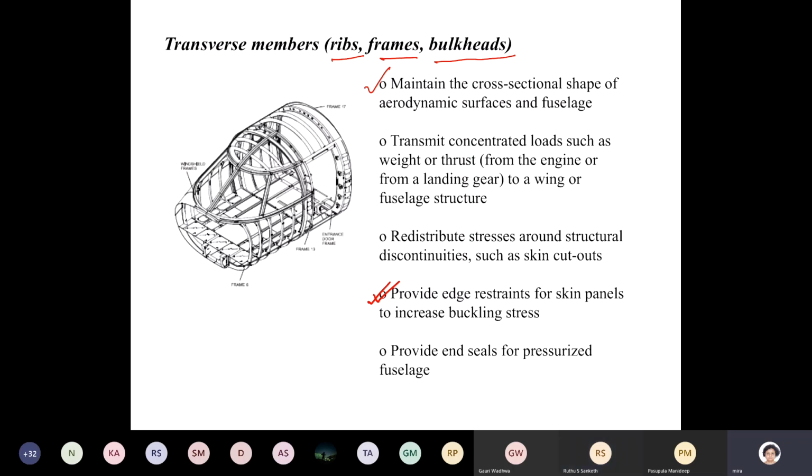Okay, so let me move into materials for aerospace structures. Let me talk about a brief history of the material that was used for aircraft structure. As you have seen in the last day's lecture, it all started with wood and linen or cloth wrapped around the wood.